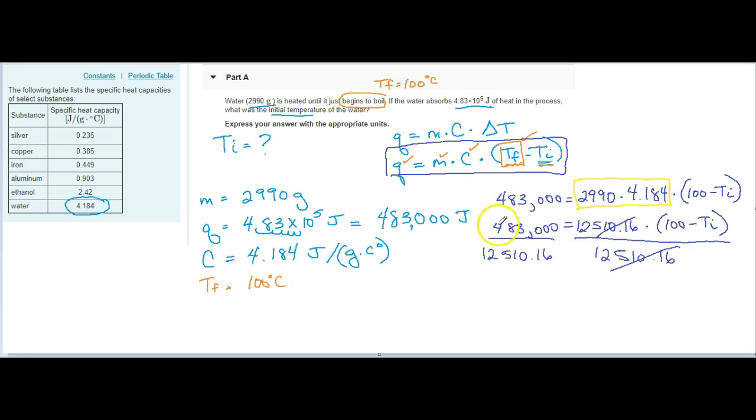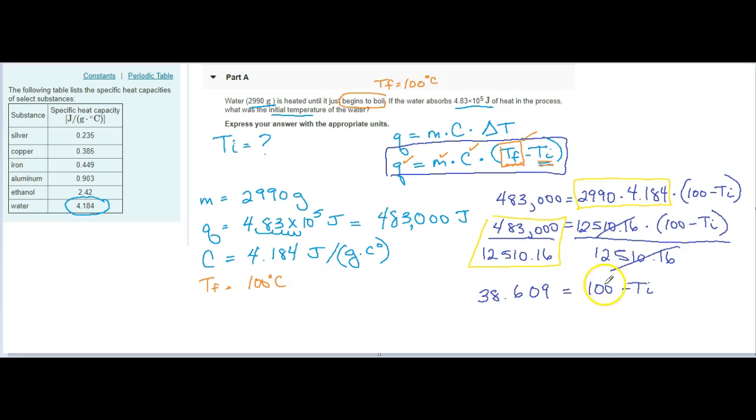So now I can do this calculation here: 483,000 divided by 12,510.16 is going to give me 38.609, and that's going to be equal to 100 minus Ti.